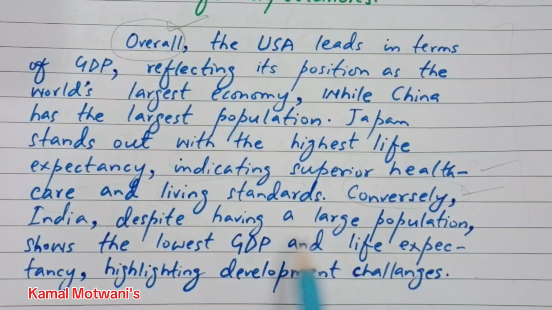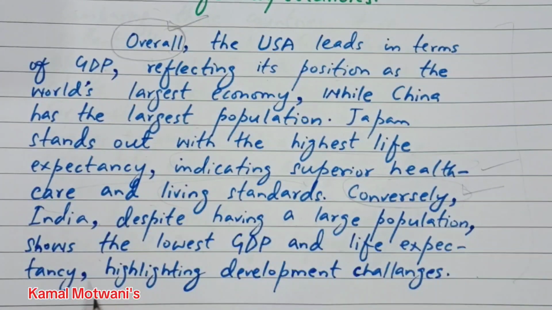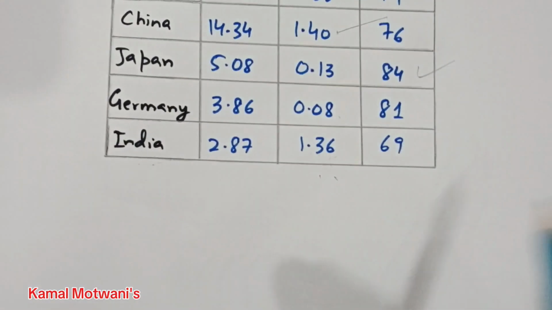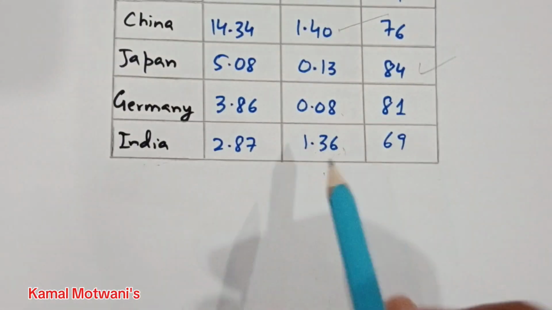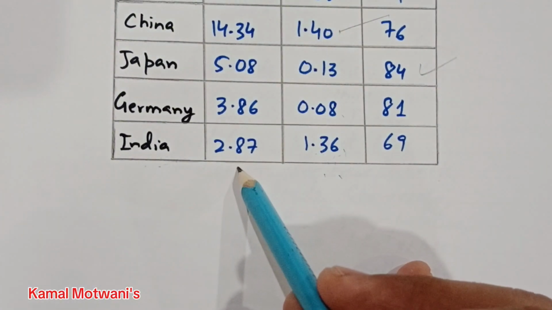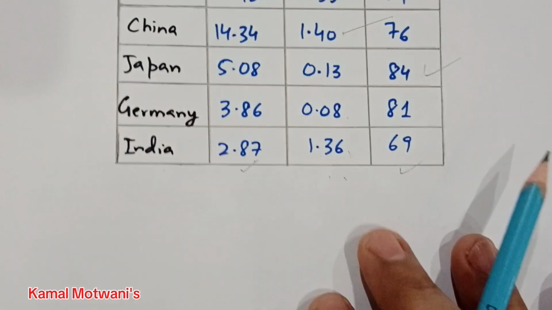Okay, let's read it. India, despite having a large population, shows the lowest GDP and life expectancy. See, India, despite having a large population, shows the lowest GDP and the lowest life expectancy.